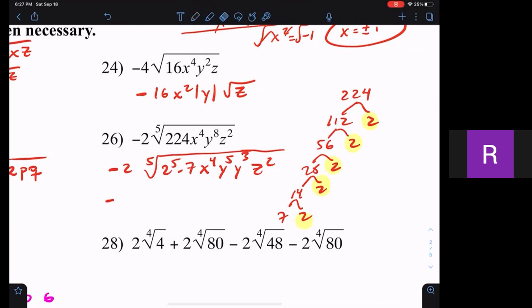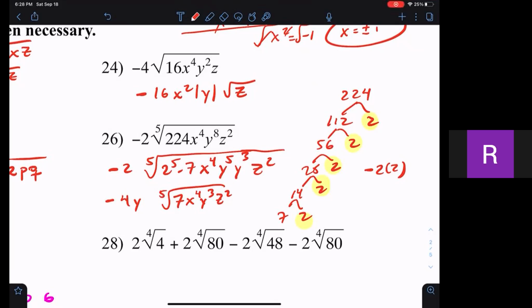Because if this guy comes outside, that's going to come as 2, right? So it's going to be negative 2 times 2. So that's going to be 4. The 5th root here somewhere. The 7 stays inside. The x to the 4 stays inside. The y to the 5 comes out as y to the 1, but I need to put the, oh well, I don't need to put it because this is an odd index, so I don't need to put the absolute value. y cubed stays inside. c squared stays inside, so that's the answer.